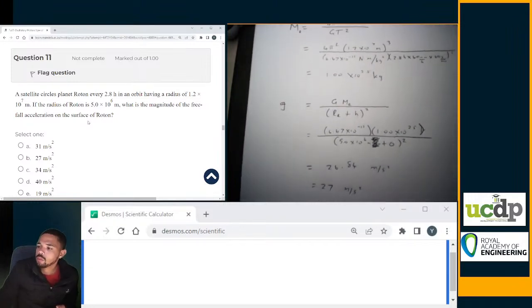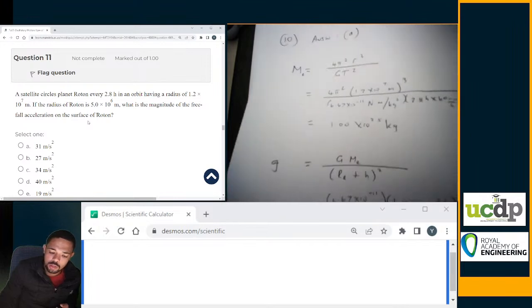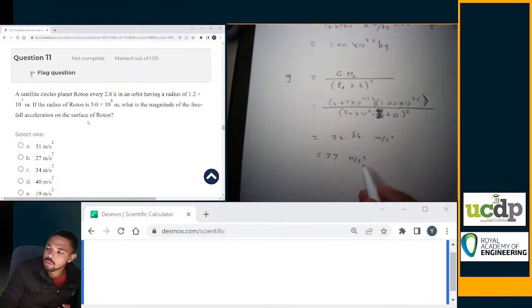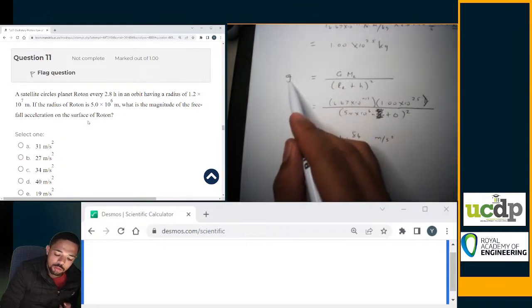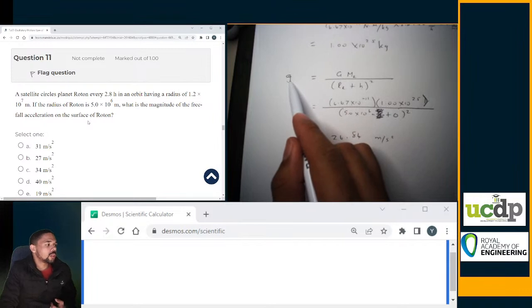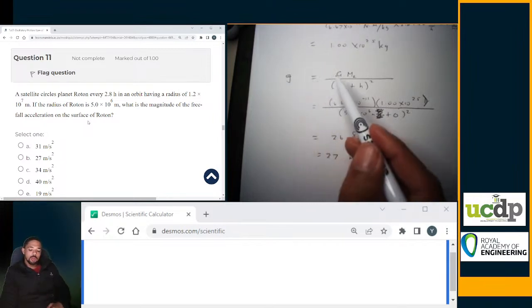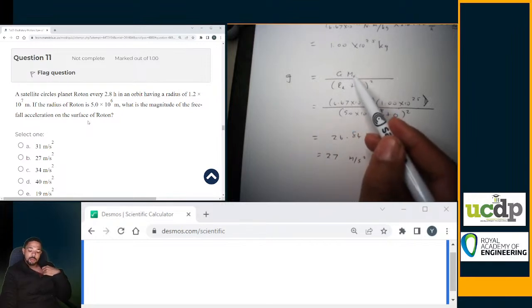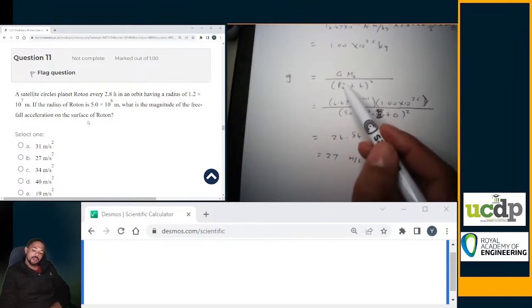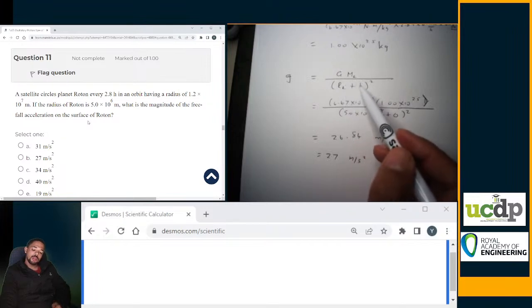Okay. So there we have the free fall acceleration on planet Roton. We used the formula for free fall acceleration, which says that free fall acceleration at some distance above the surface of the planet is equal to the gravitational constant multiplied by the mass of the planet, which in this case is planet Roton, hence the subscript r, divided by the radius of the planet plus the height above the planet, which is at the surface, so h will be 0.